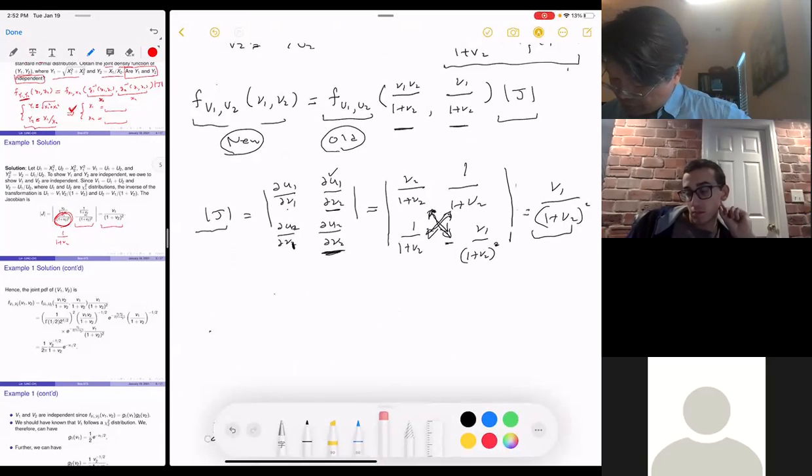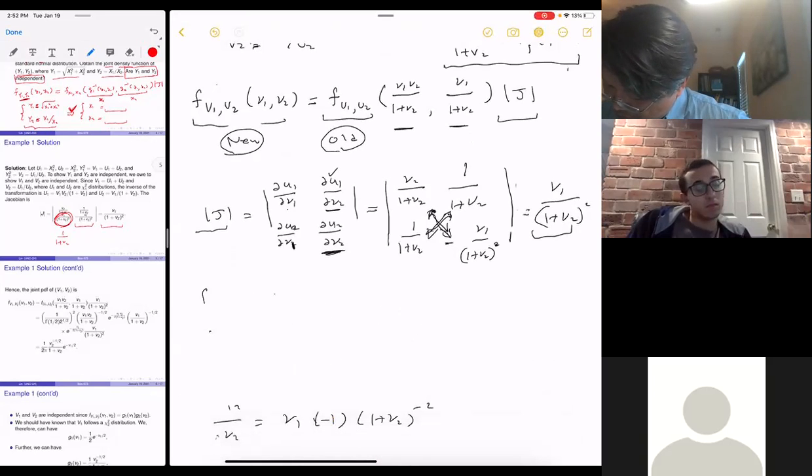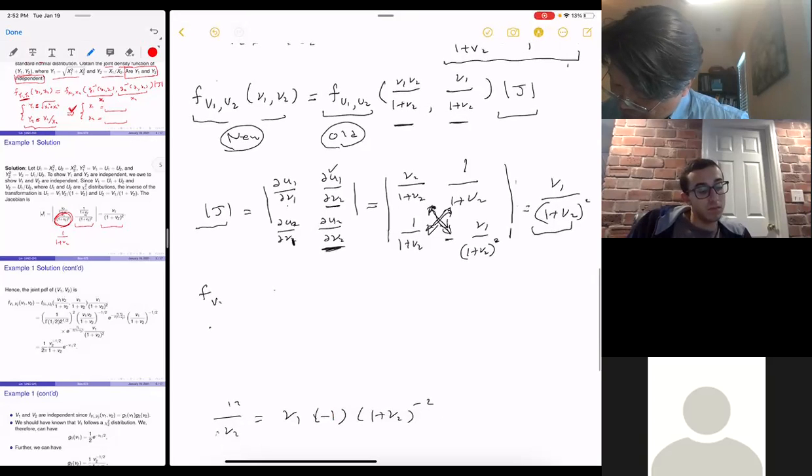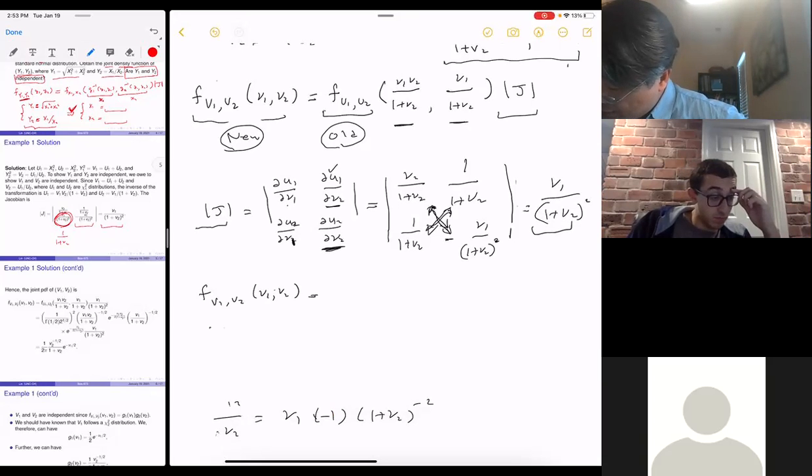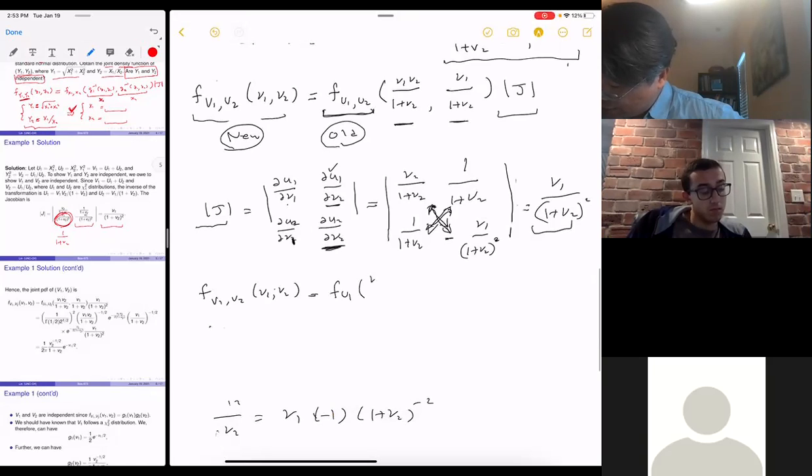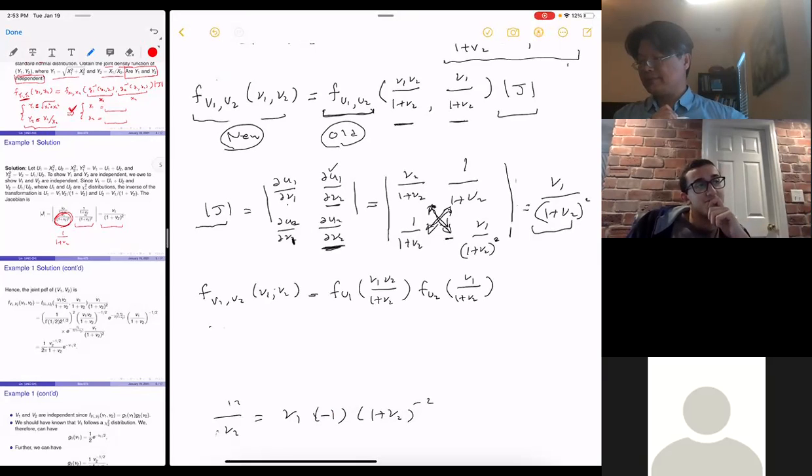Okay, so that means my ultimate goal is trying to derive the joint PDF of V1 and V2. Although I didn't write down the joint PDF of U1 and U2, keep in mind U1 and U2 are independent, so I can write it as the PDF of U1 at V1, V2 divided by 1 plus V2, times the PDF of U2 at V1 divided by 1 plus V2. You guys with me?